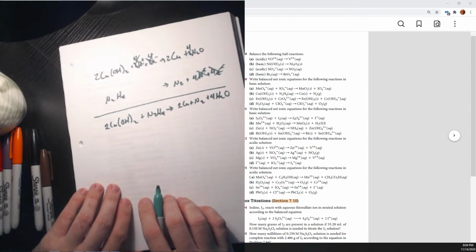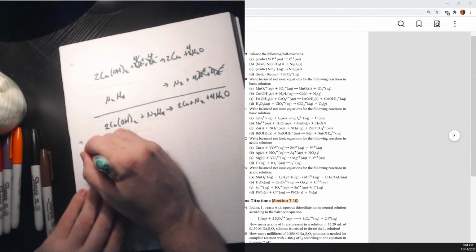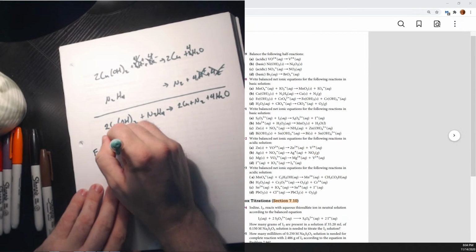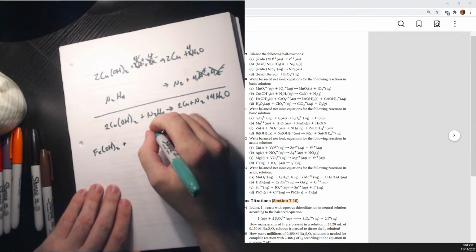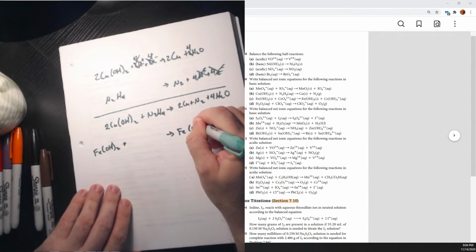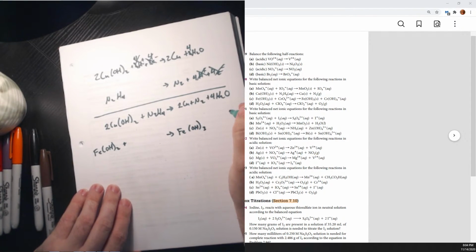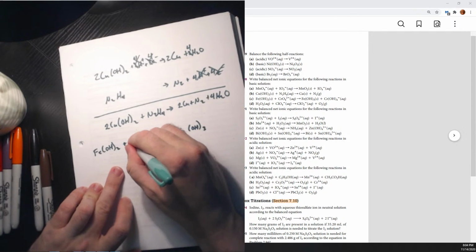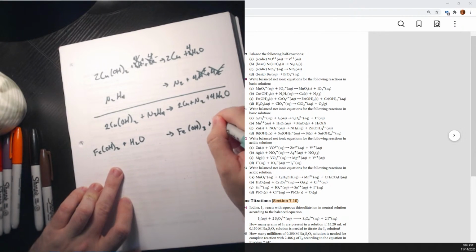All right, next up, iron 2 hydroxide, FeOH2 going to iron 3 hydroxide. So we're going to need 1 water, which means we need 2H plus.